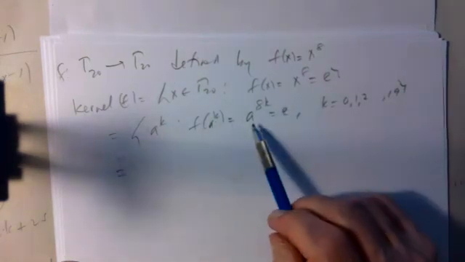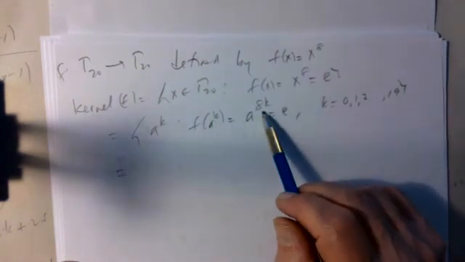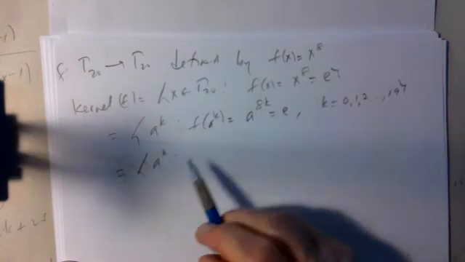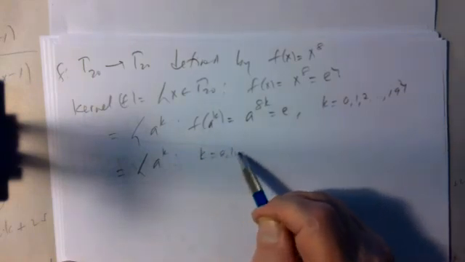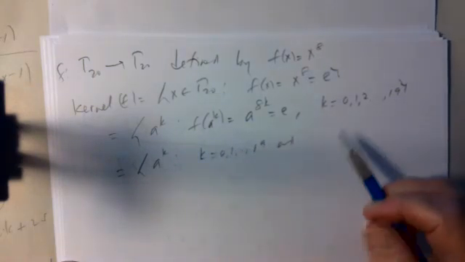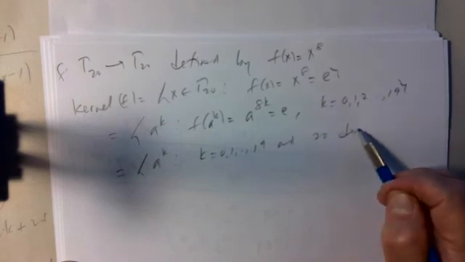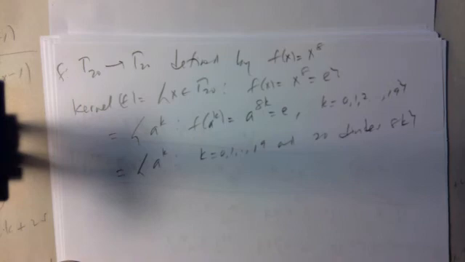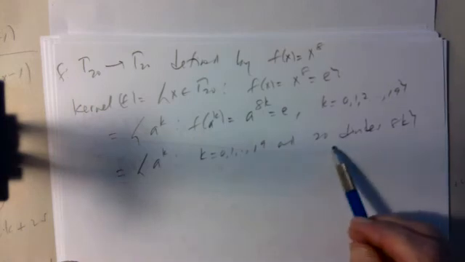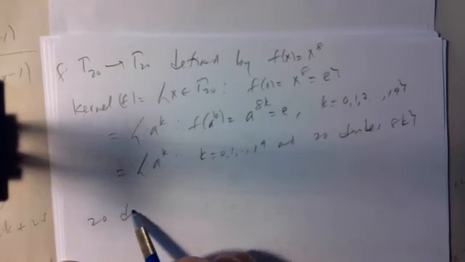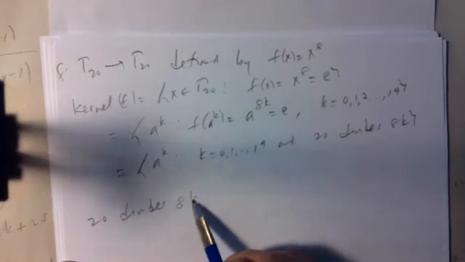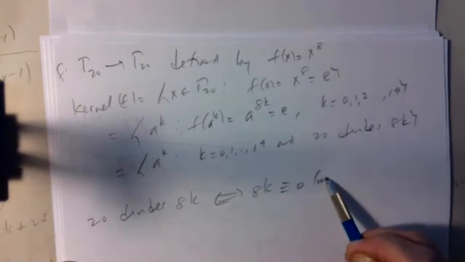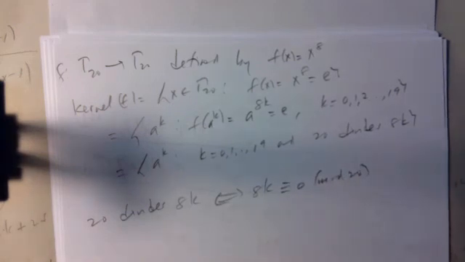But again, a to the 8k is the identity only if 20 divides 8k. So this is all a to the k, where k runs from 0 up to 19, and 20 divides 8k. Another way of saying this is 20 divides 8k if and only if 8k is congruent to 0 mod 20.